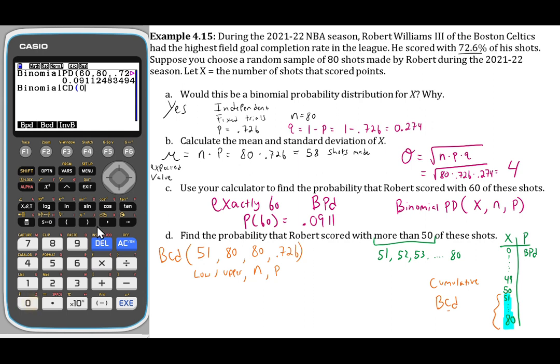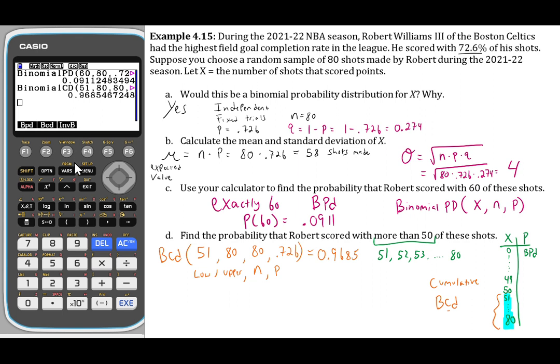So we'll type those in now. 51, comma, 80, comma, 80, comma, 0.726. And we get our solution, which is 0.9685.